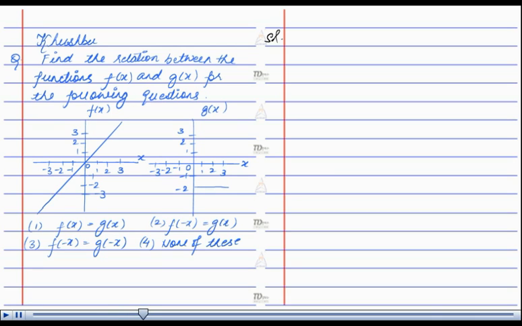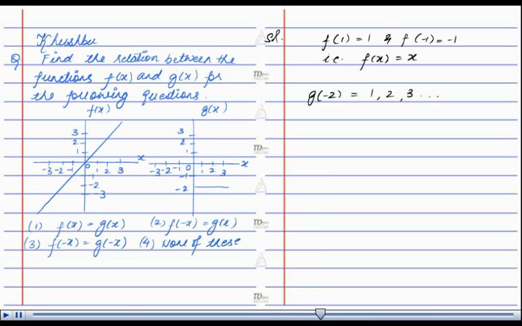From the first graph, we have f of 1 is equal to 1 and f of minus 1 is equal to minus 1. That is, f of x is equal to x. For the second graph, we have g of minus 2 as 1, 2, 3 and so on.